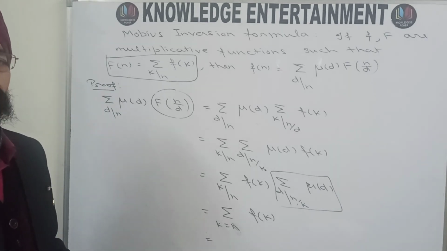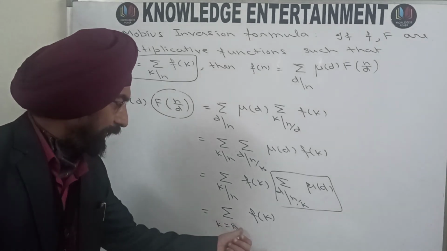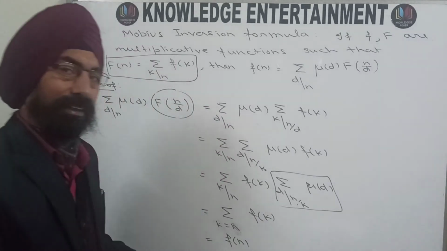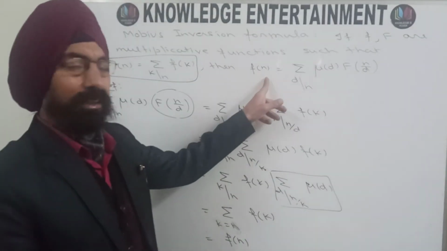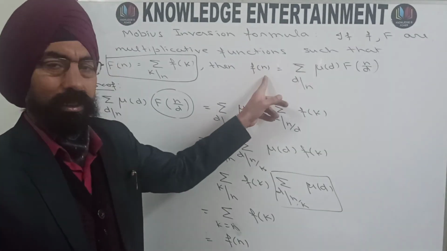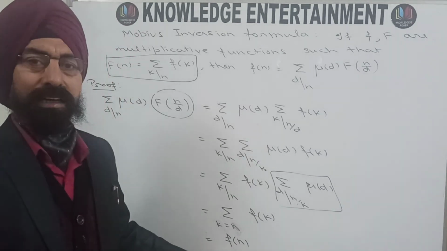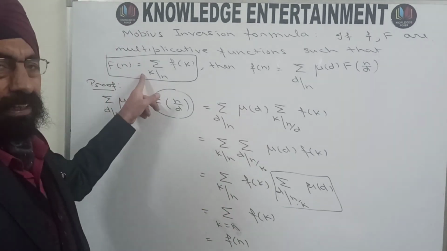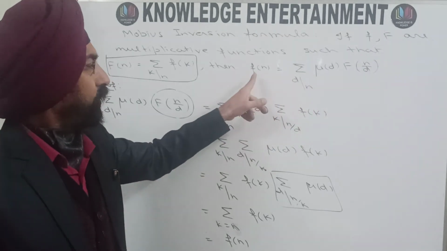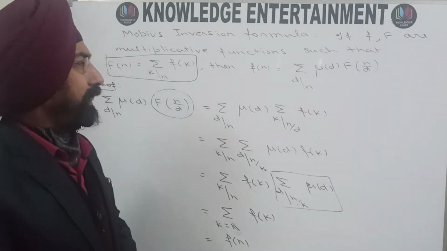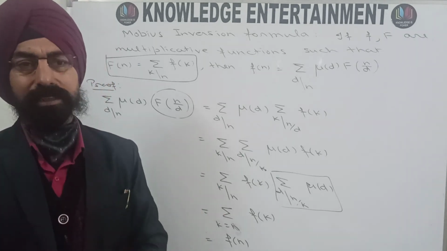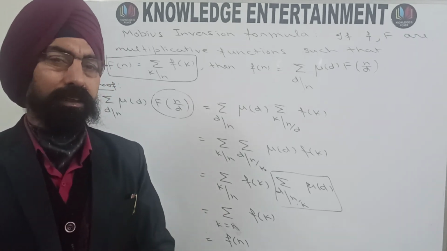And now you know what to do. You just put k is equal to n here. You will get f of n, and that means the left hand side. You started from the right hand side and you achieved your result, the left hand side. So if this is given, then the Mobius inversion formula gives your small f of n to be sigma mu d capital F of n by d, where d divides n. So this Mobius inversion formula is proved.